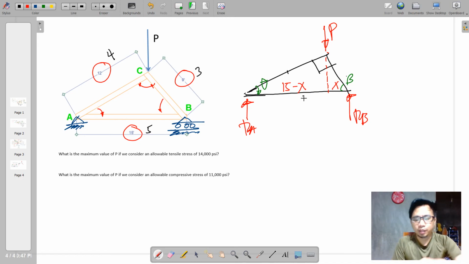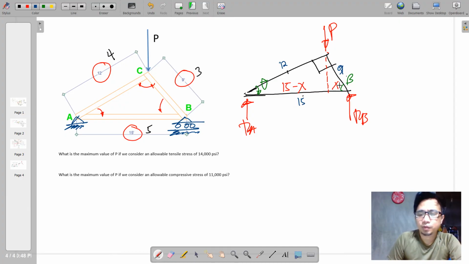So how shall we do that? Since we know that this is 90 degrees, and we also have some dimensions here, perhaps you can stick to the original dimensions. Say this is 12, this is 9, and this is 15.